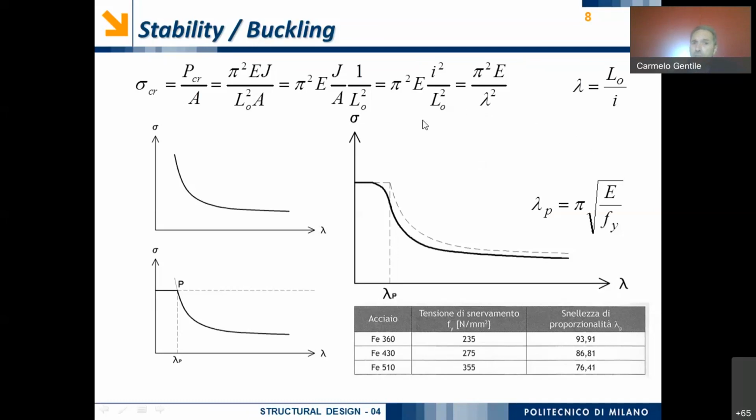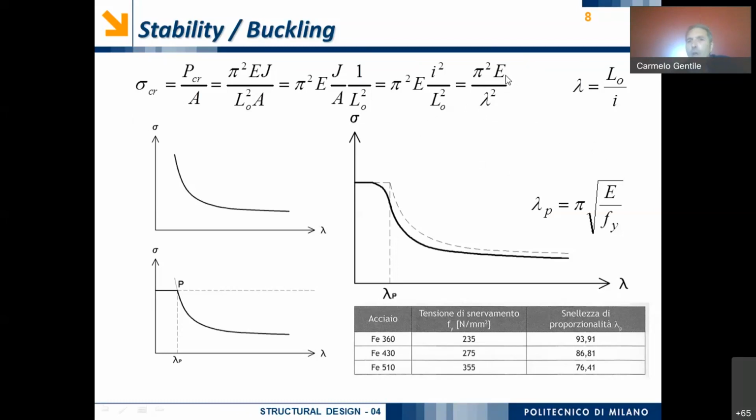So generally, I can express the critical stress in terms of π squared times E, which are constants for a steel material, because π is a universal constant, 3.14, and so on, okay? And E depends on the material.